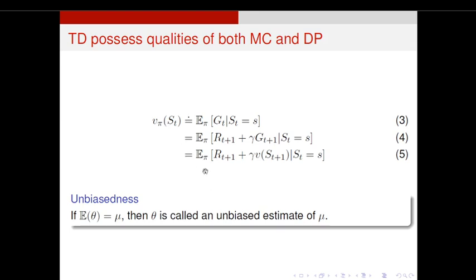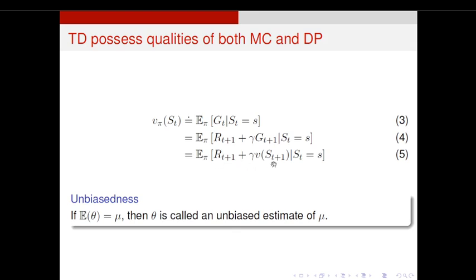That means this theta, Rt plus 1 plus gamma into V of St plus 1, is an unbiased estimate of the value of St. That is why this temporal difference gives good results. I repeat, this Rt plus 1 plus gamma into V of St plus 1 is actually the TD estimate or a TD update.